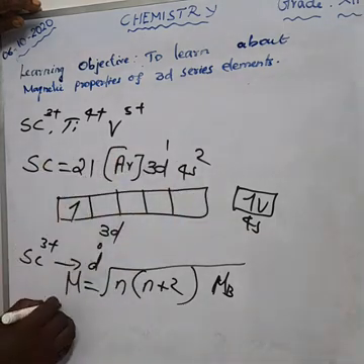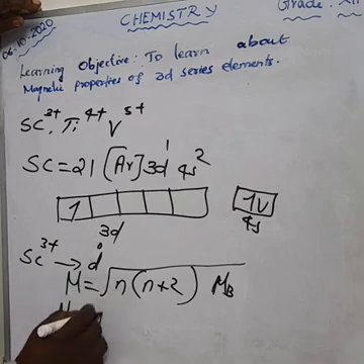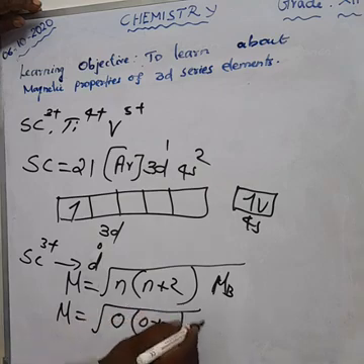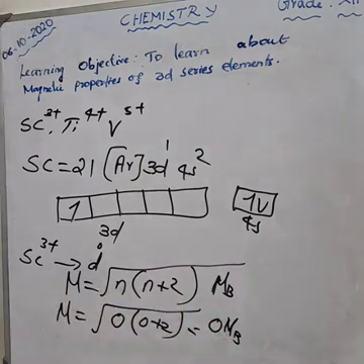So mu is equal to root of 0 into 0 plus 2, equal to 0 mu B. Then the unpaired electron is 0, so we get 0 mu, and what is the nature? Diamagnetic nature.